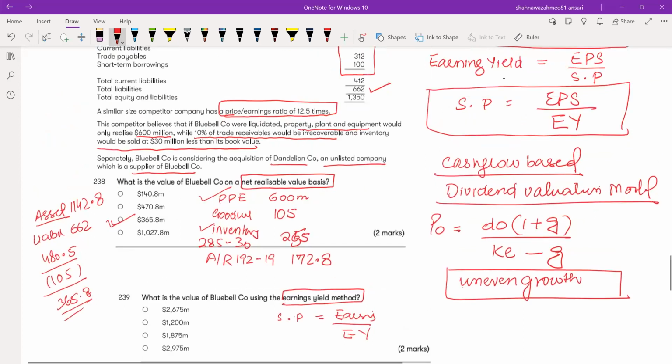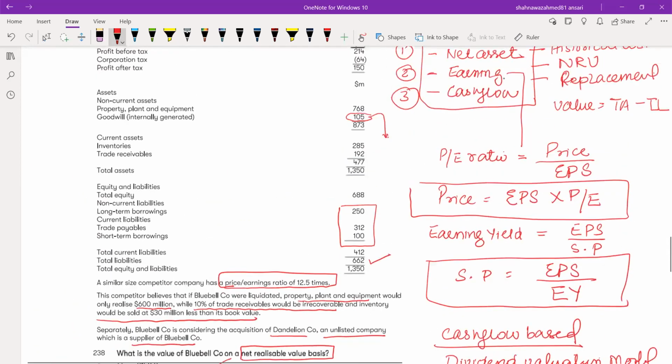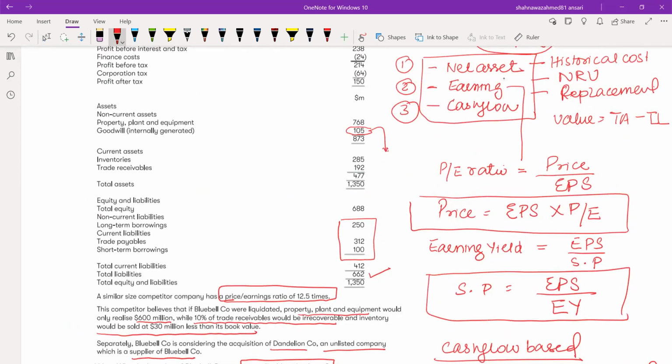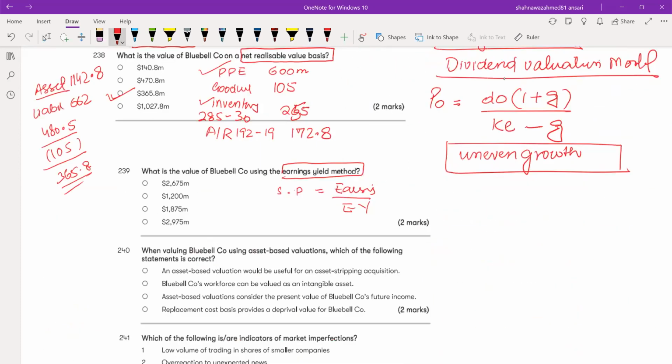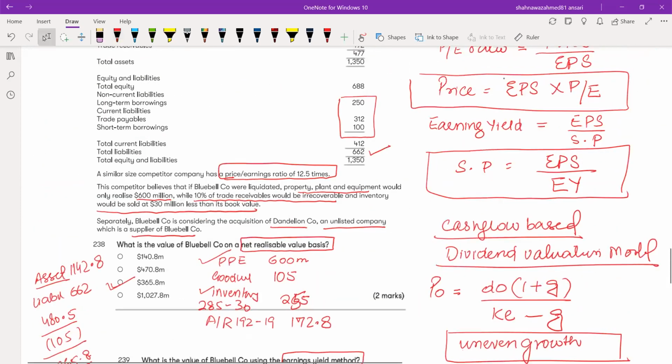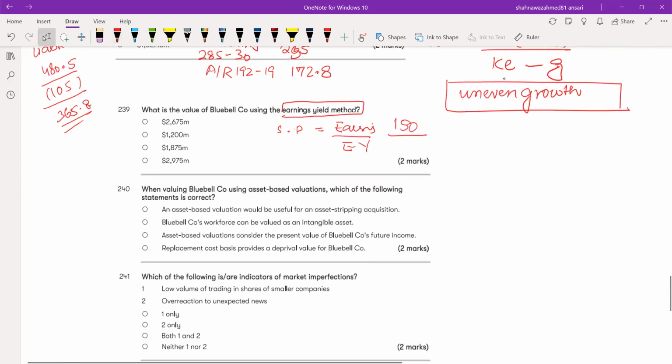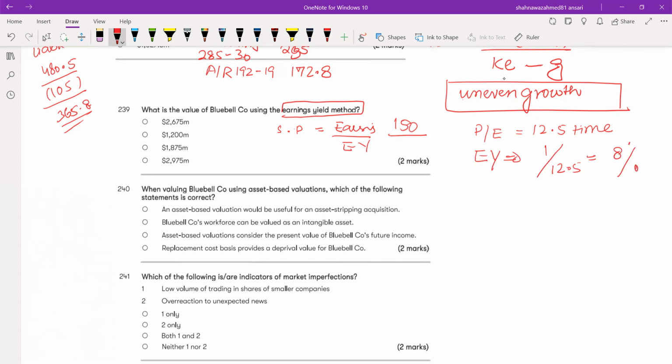So earning, that is after tax profit, is given, that is 150. We have earnings 150. Earning yield is not given in the question. Price to earning ratio is given. PE is 12.5 times. And earning yield is the reciprocal of this. So 12.5 times, it's 8%.